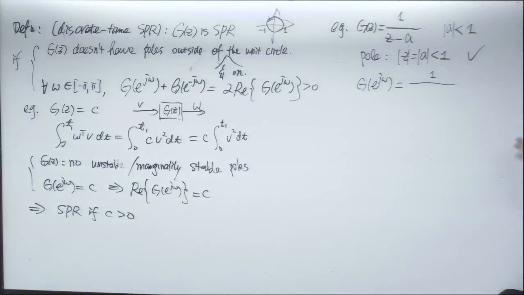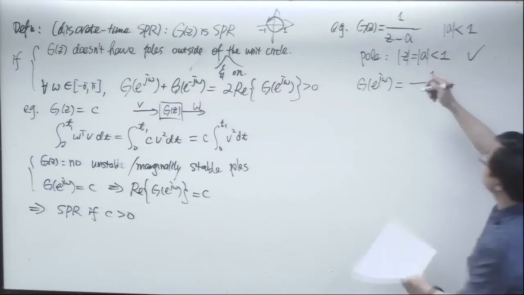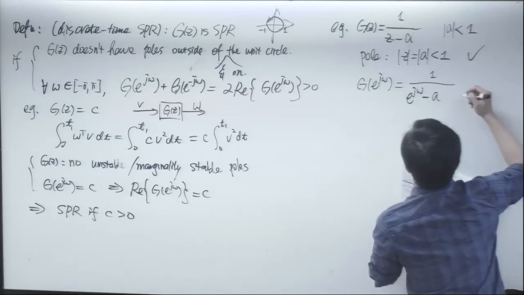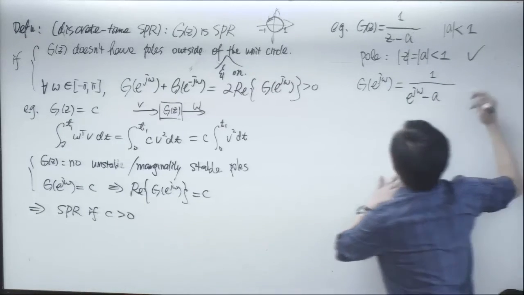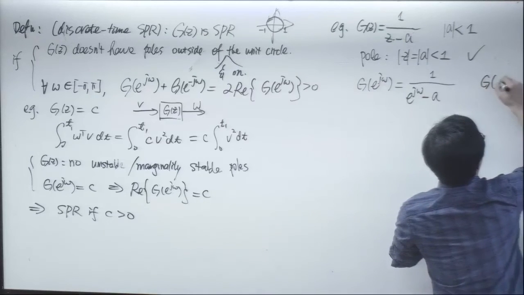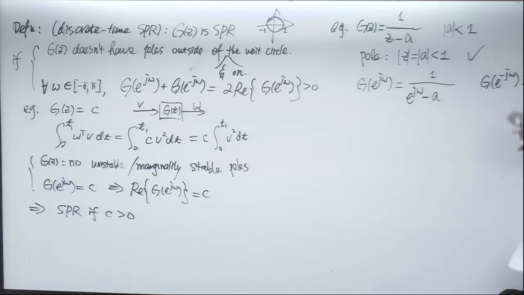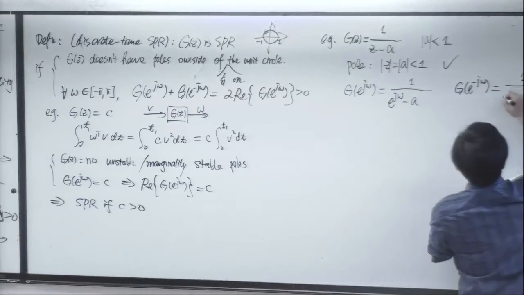In practice, you will do this in MATLAB or Python. But for this first order system, if you check by evaluation, you can see the frequency response will not be guaranteed to always be on the right half plane.